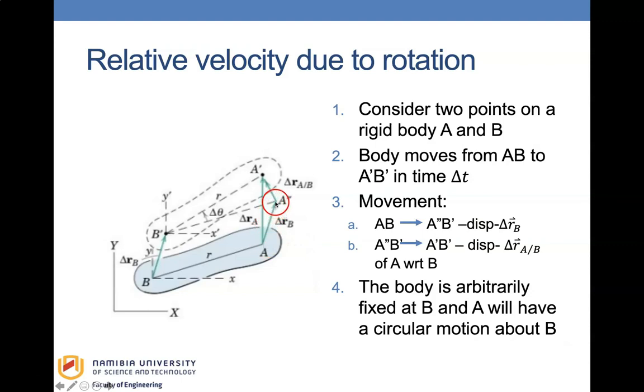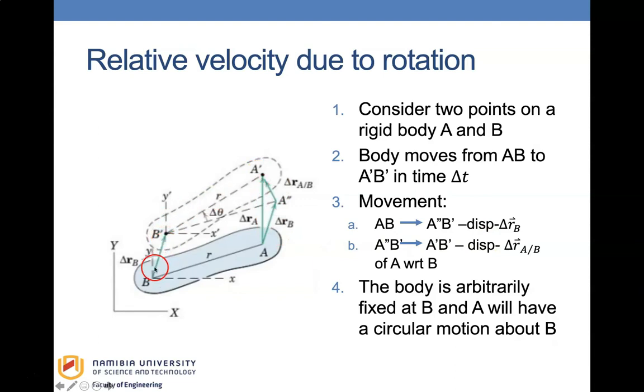So it moves to this point, and at this point B prime is now fixed and A double prime moves to A prime through an angle del theta. This other displacement is R A with respect to B. That is the displacement of A double prime, or A with respect to B. So you can see that these displacements must come into play.